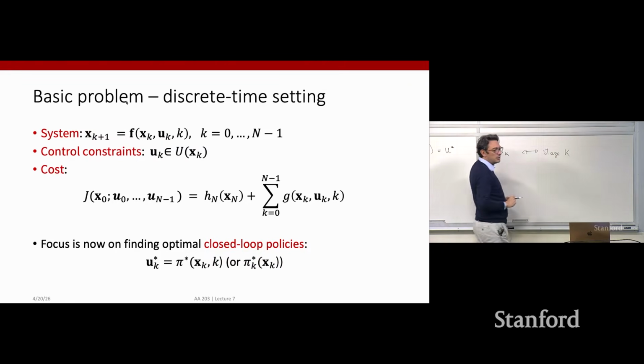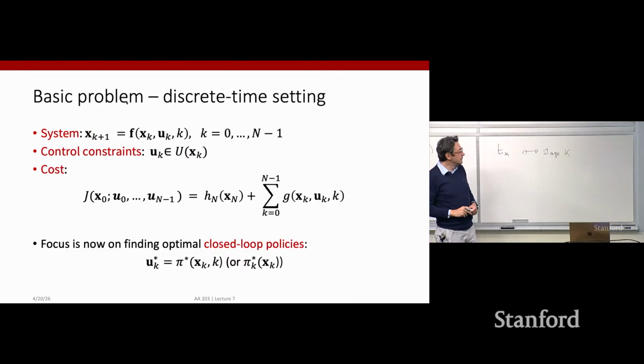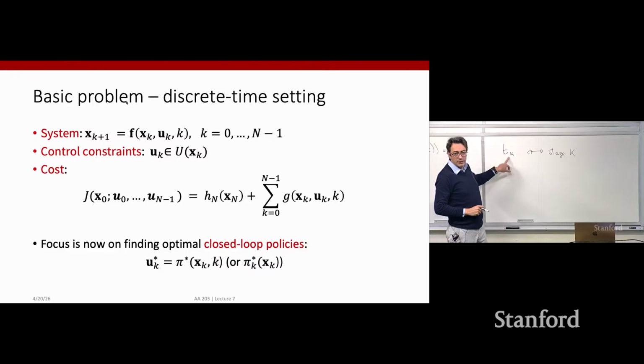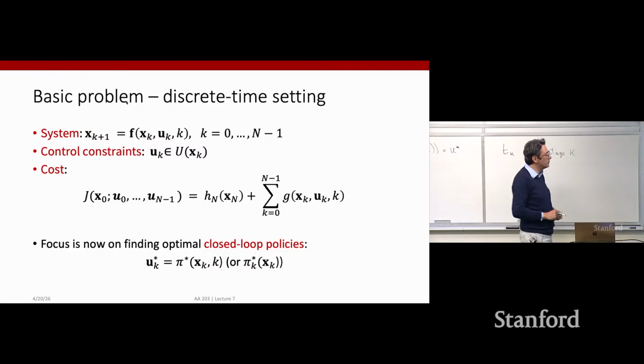The two terminologies are equivalent. The discretization could be time 0, 0.1, 0.2, 0.3, or equivalently we could say stage 0 corresponds to time 0, stage k equal 1 corresponds to time 0.1, stage k equal 2 corresponds to time 0.2, and so on and so forth.